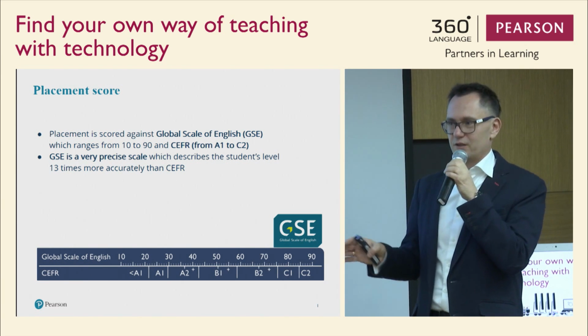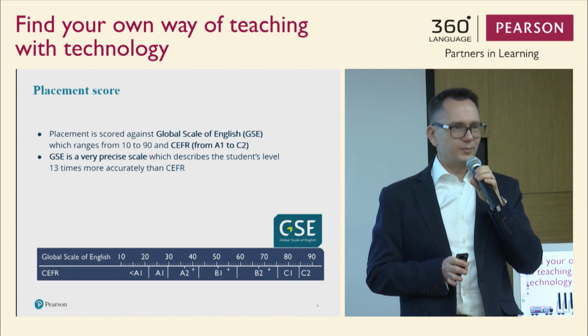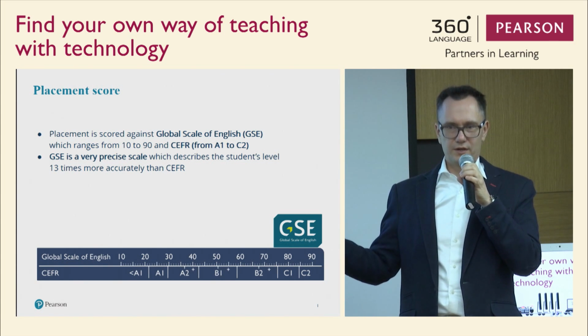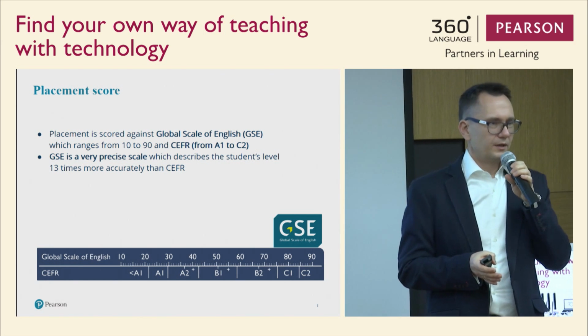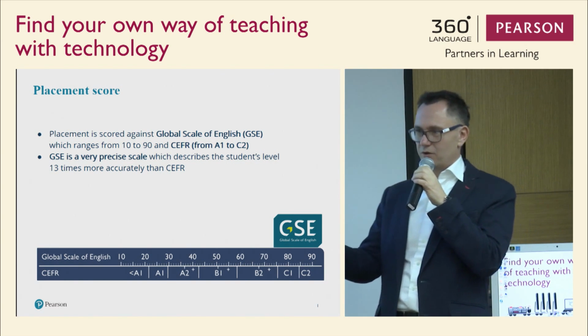Some of you may have heard about it. It is a scale that is correlated to the Common European Framework of Reference, which I'm sure you're all familiar with, right? So you know the division into A1, A2, B1, B2.